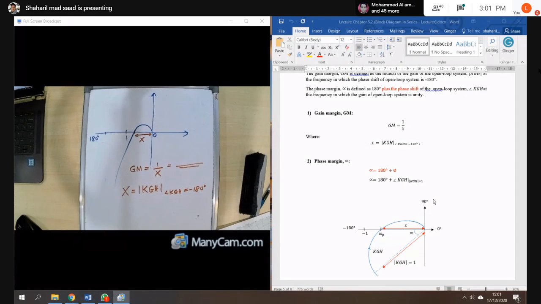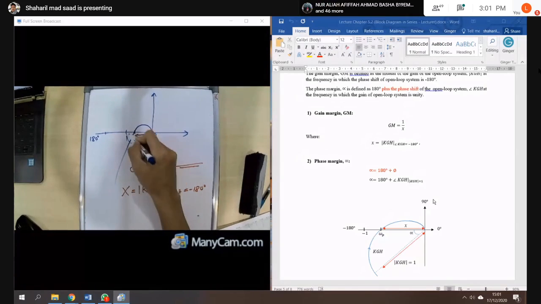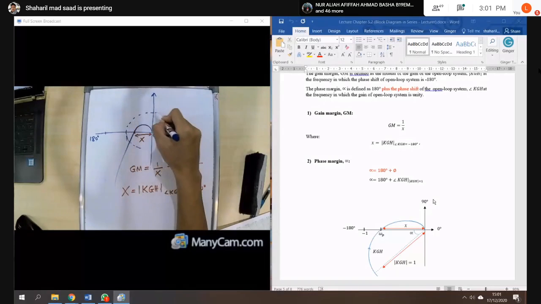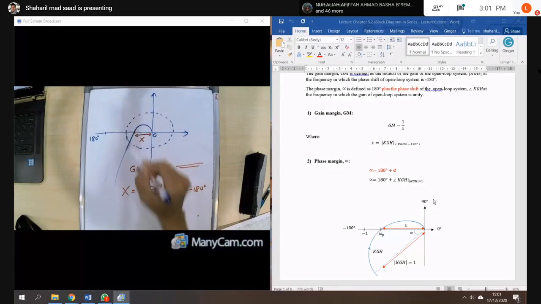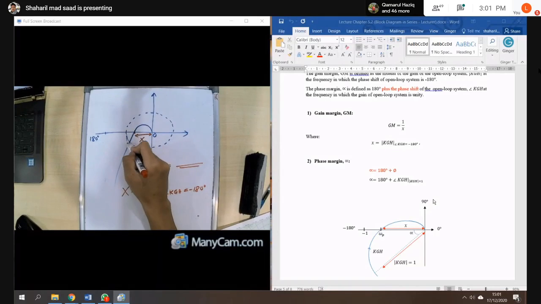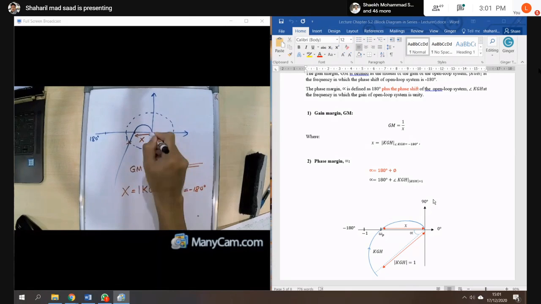And then how can we know the phase margin from the graph? We need to bring in the circle of radius 1, because 1 will give you a circle. The point where the circle meets the diagram, you then make a line here.